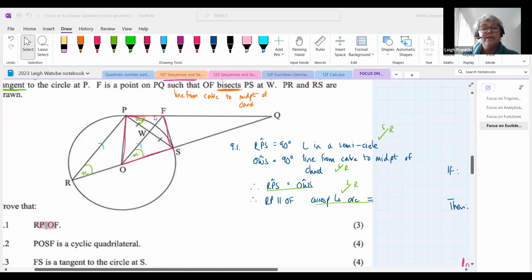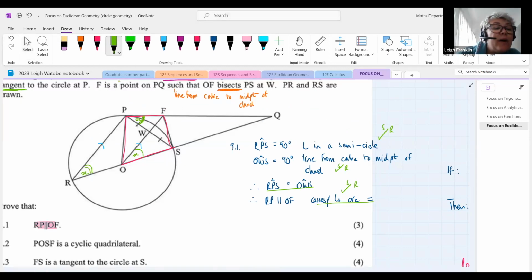We said in the beginning that because of the tan chord theorem, this angle over here and this angle over here are equal to each other. Now, because we've proved these lines are parallel, like Teddy pointed out to us, we've got this angle over here that is corresponding with R, so they are equal.